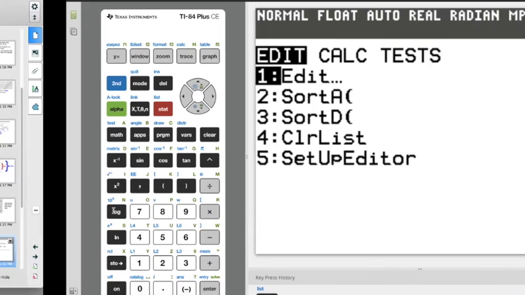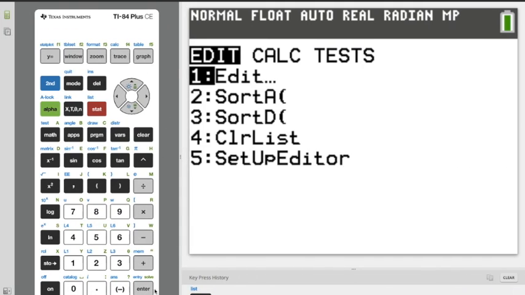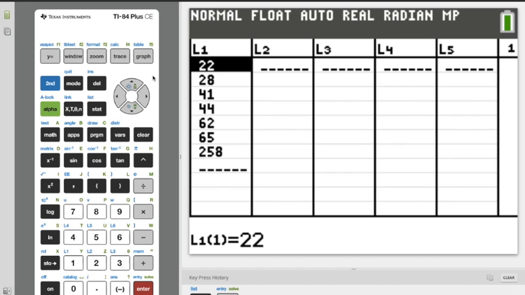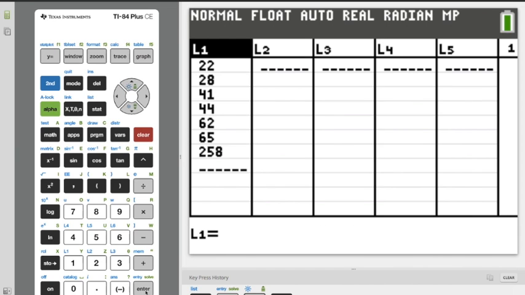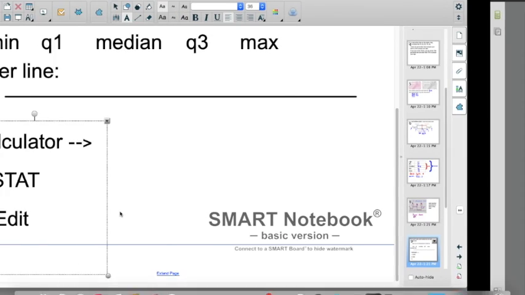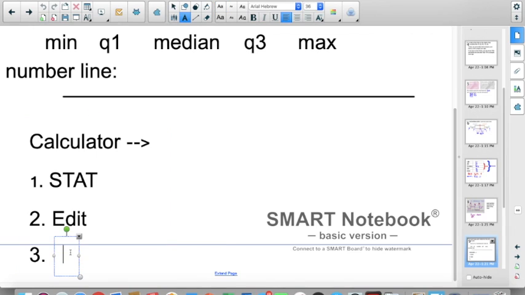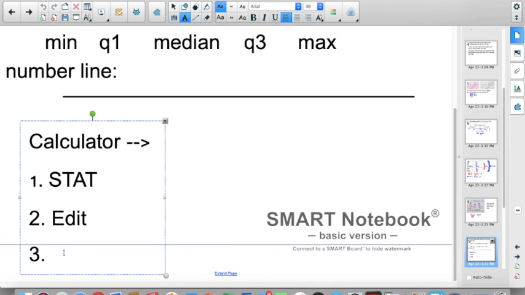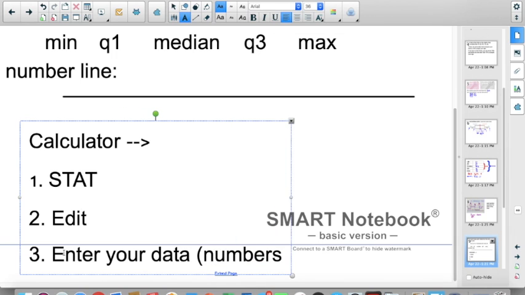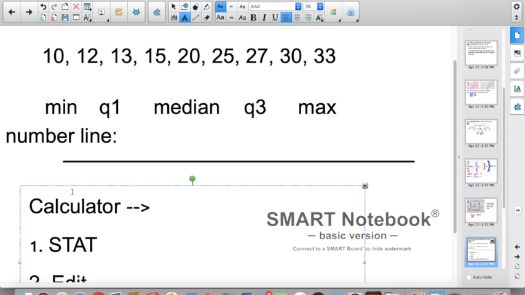So, stat, edit, and then L1. You should be in L1. This is where you want to enter all of your data, your numbers, into L1.